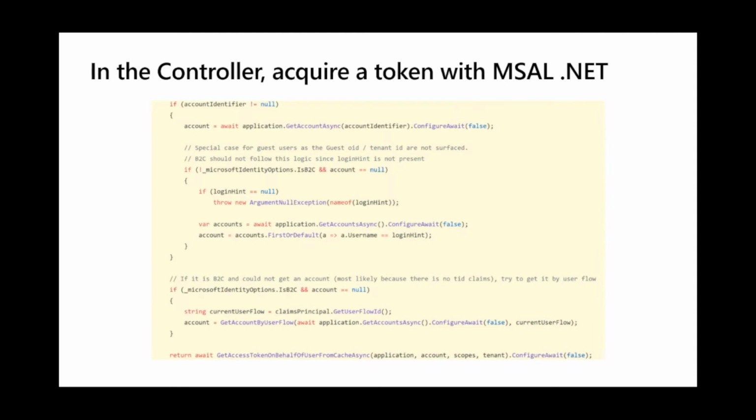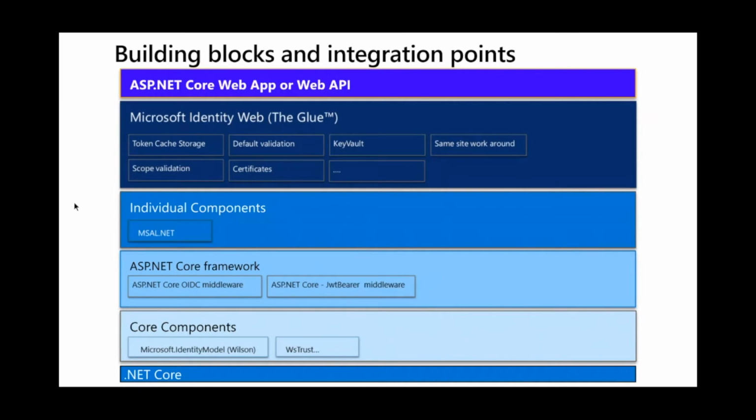And I'm sure you're thinking, but we said this was going to be about making authentication easier for developers. Well, Microsoft heard your pain and feedback, and we just published a beta version of Microsoft Identity Web, a new library. Think of it as MSAL for web, which provides the glue between ASP.NET Core, which obtains the authorization code, and MSAL.NET, which obtains the tokens and provides a token cache.